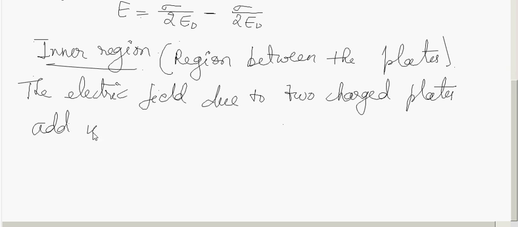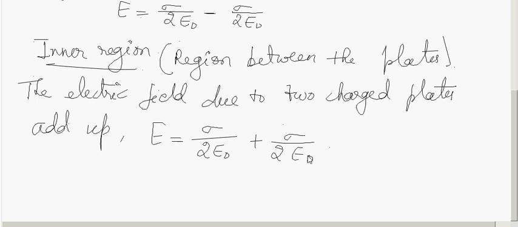So E is sigma by 2 epsilon naught plus sigma by 2 epsilon naught, which is equal to sigma by epsilon naught.